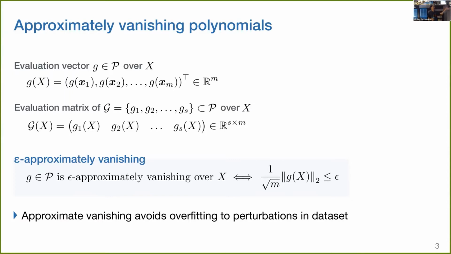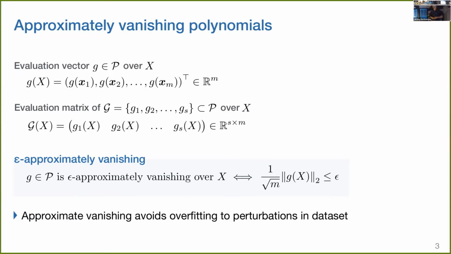If this quantity is less than or equal to epsilon, then we think of it as approximately vanishing over X. The data set X is, in many applications, perturbed by noise, so we don't consider exact vanishing. We want to consider approximate vanishing so that we can avoid overfitting the data set.